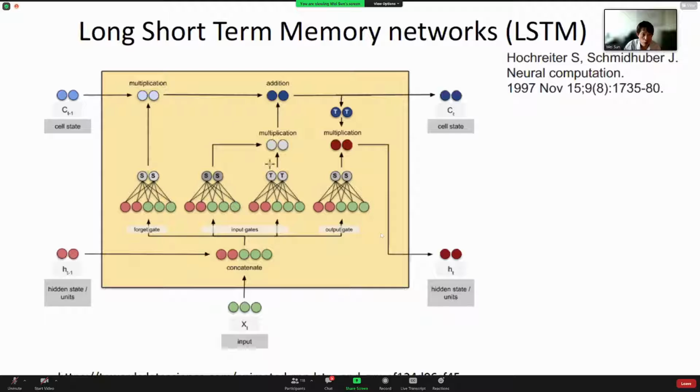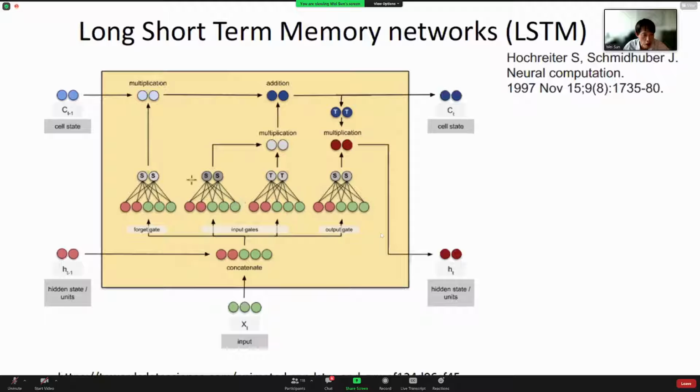Operationally, it's more complicated. You have the input and the hidden state, which are dimensional data, and you concatenate them. Then there is a forget gate: basically, in the cell state, how much you forget. Then you combine them and add a little more information. I should have annotated here, S and T are different activation functions, but the detail is probably not that important.